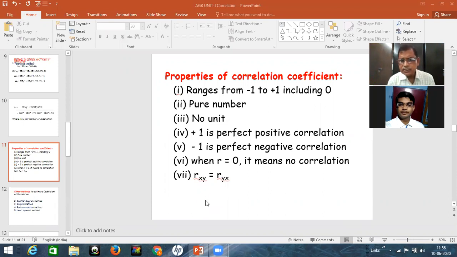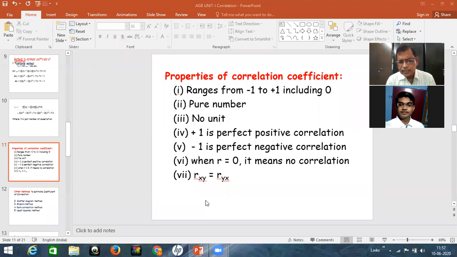And -1 and +1: when the magnitude is -1, it means perfect negative correlation. If +1, it means perfect positive correlation. -1 means when one variable is increasing, the other variable is decreasing, and they also maintain a constant ratio.